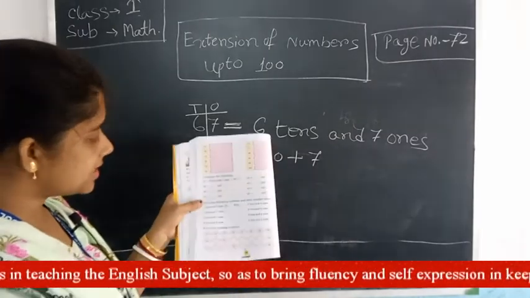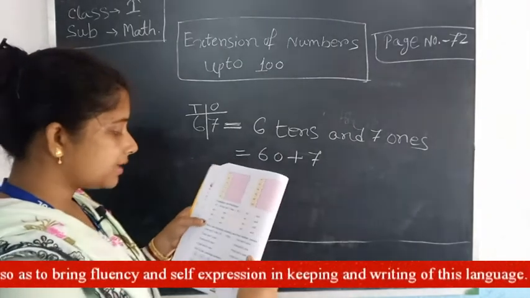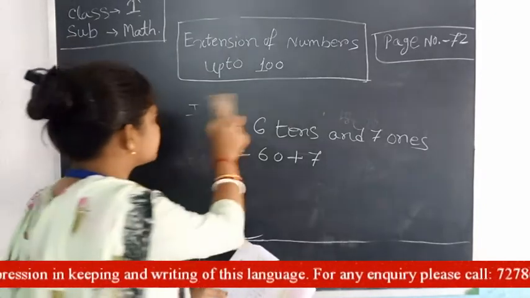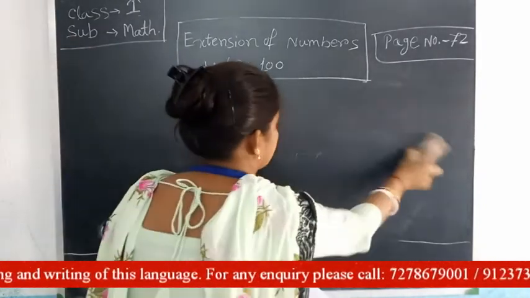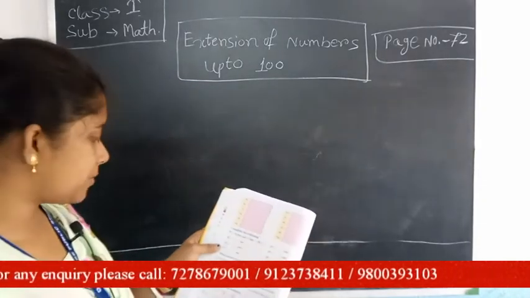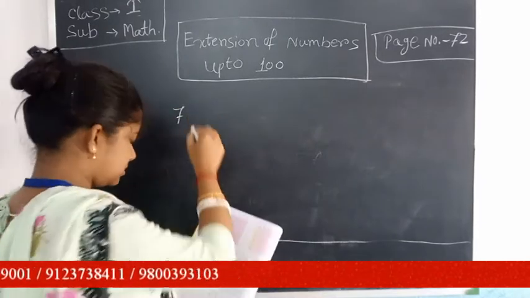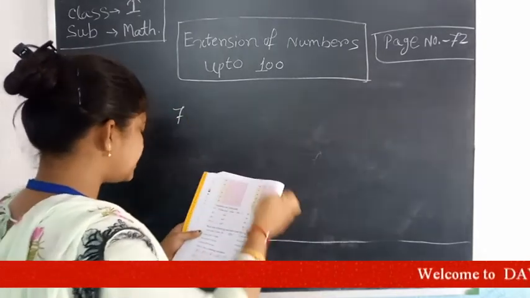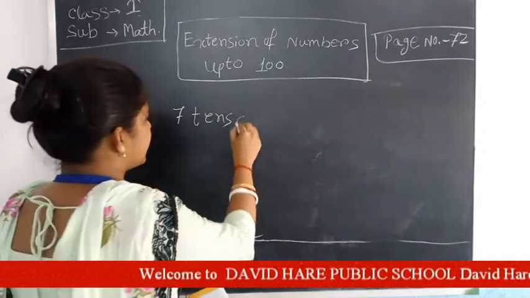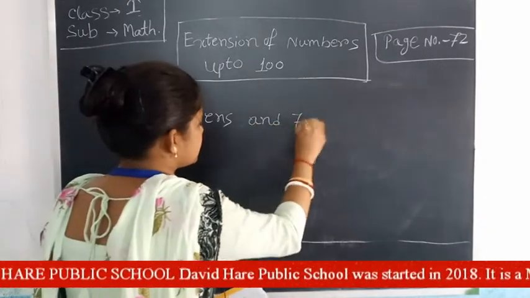And the next task is write the following numbers and their number names. So similarly as the previous problem, here the number form given like that, 7 tens and 7 ones.